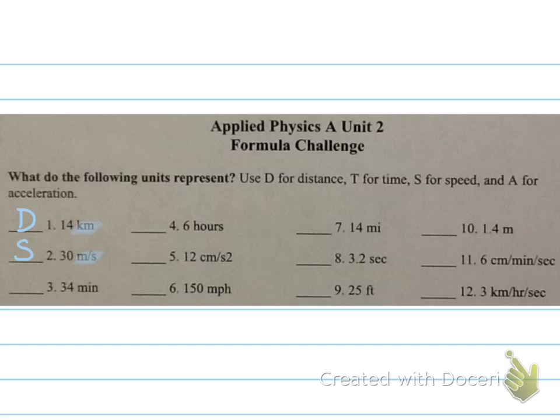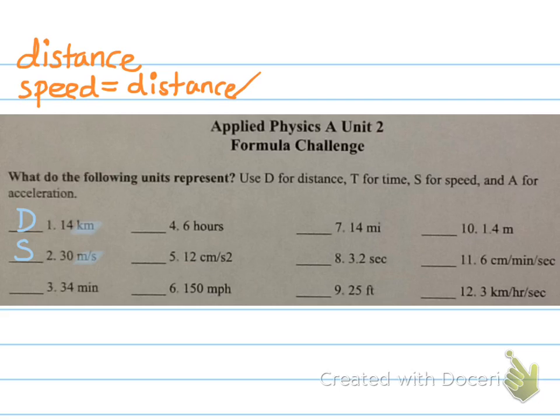So if we make some notes here, right? Distance. Speed is going to be distance per time. Okay. Time is going to be just time. Okay.